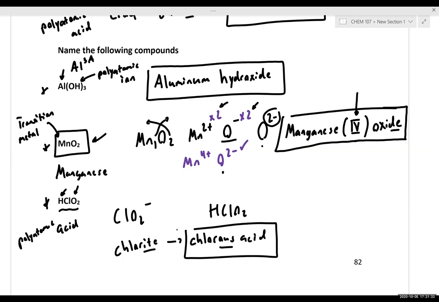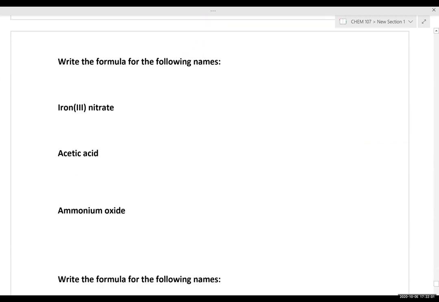The hydro prefix is only reserved for binary acids, which contain hydrogen and an atomic ion. For polyatomic acids, we do not put the hydro prefix. Okay, got it. Does that make sense? Yes, thank you. Perfect.